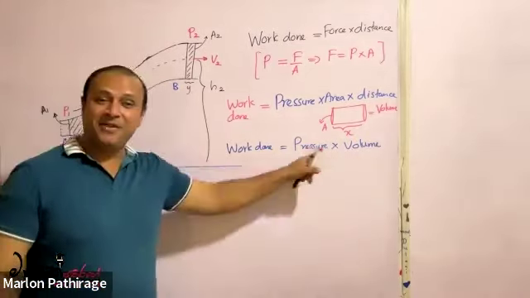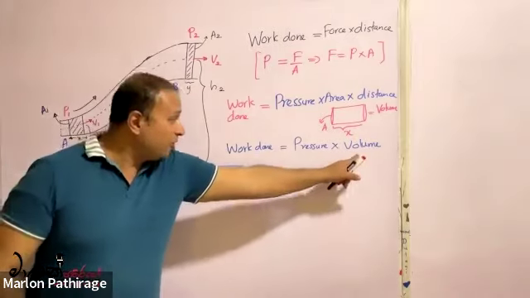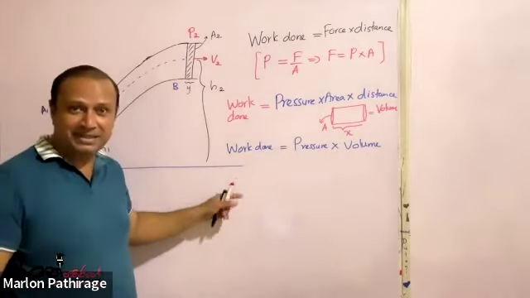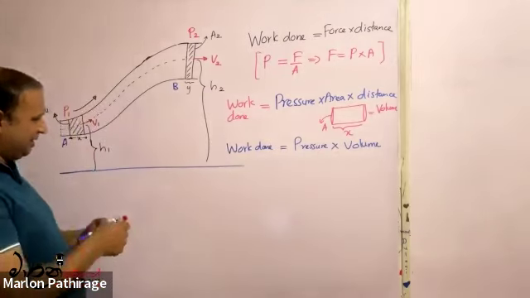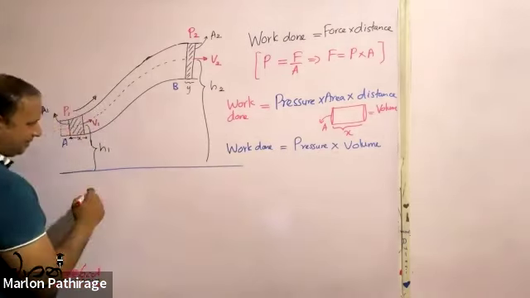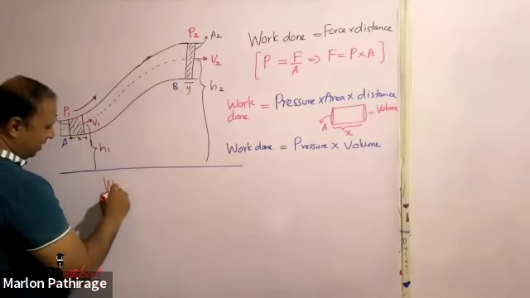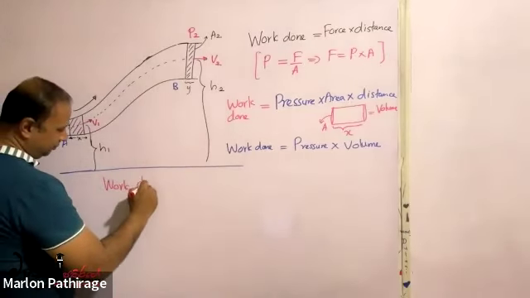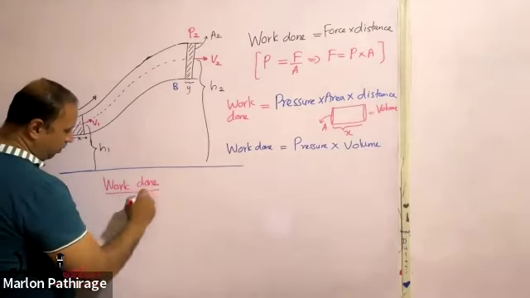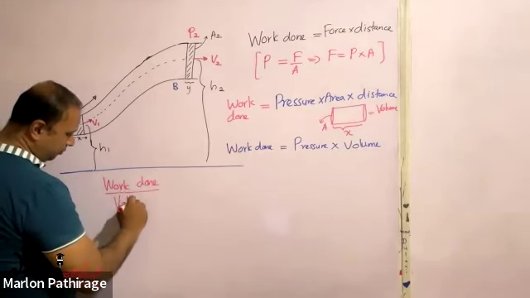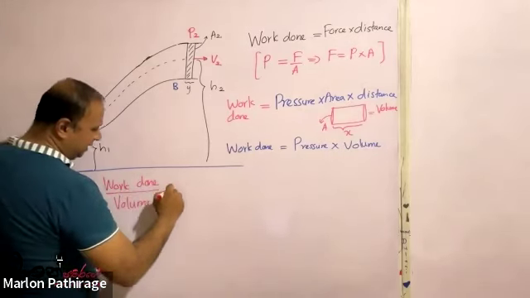You can divide both sides by volume, or you can take this volume to this side. So, look at this one. Work done over volume is equal to pressure.